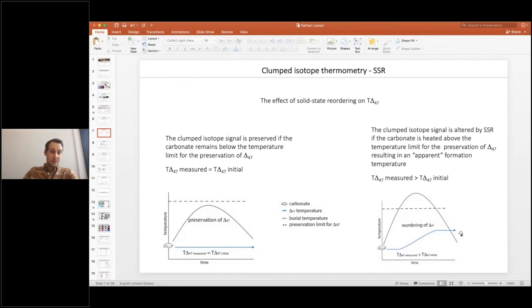Or if you crystallize under open system conditions, then you will even change the oxygen and carbon isotopes, or manganese, iron, whatever. In case of reordering, you don't see that. There is no way to actually prove solid-state reordering. You just know that it's there if you can exclude all the other processes.